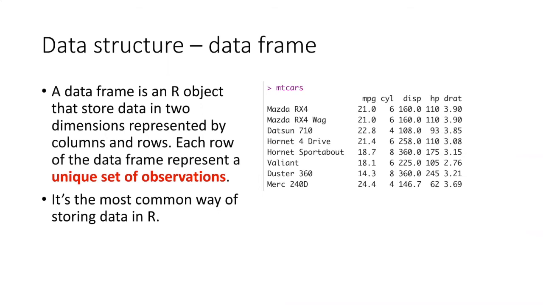Remember, vector is just 1 dimension of numbers. But data frame is 2 dimensions, similar to a matrix, represented by columns and rows. Each row of the data frame represents a unique set of observations. That's a crucial point that separates a data frame from a matrix. In a data frame, every single row is a unique set of observations.